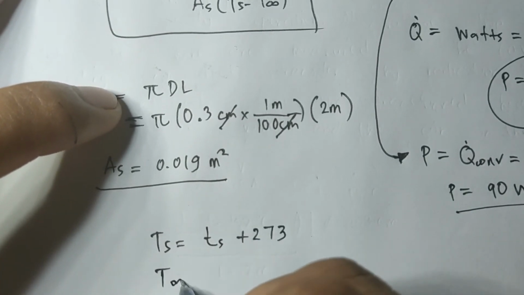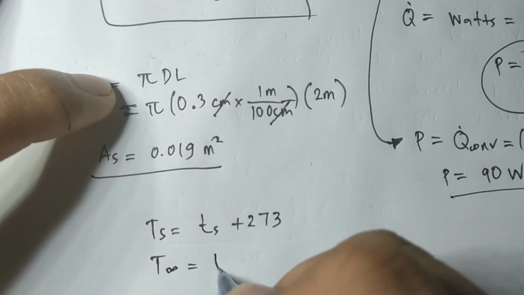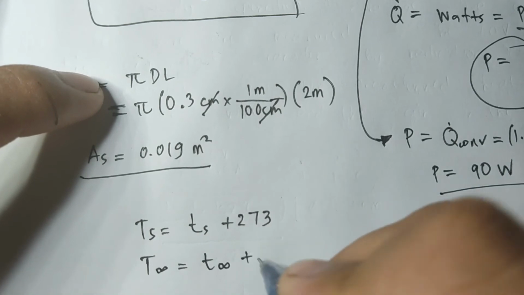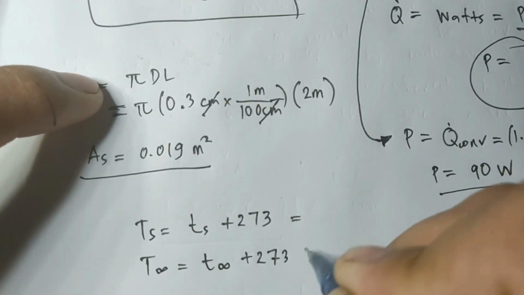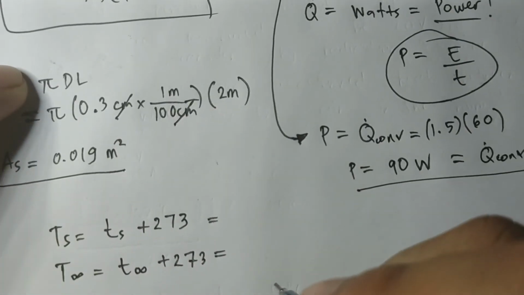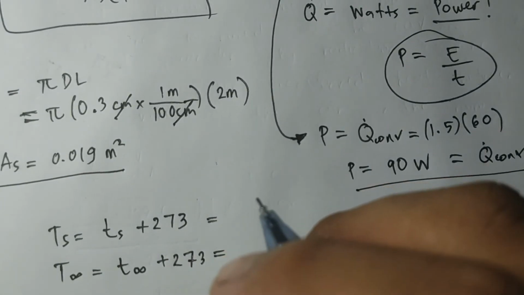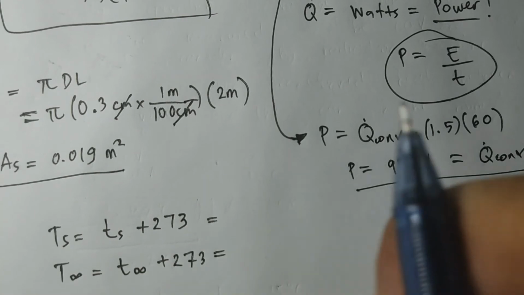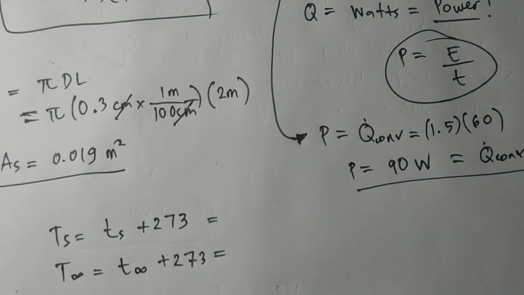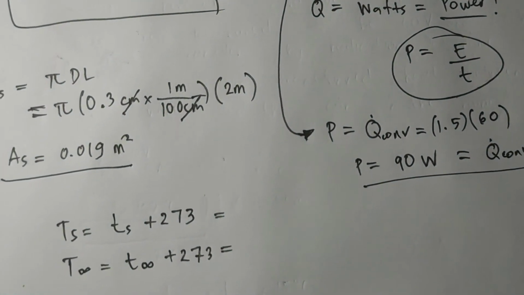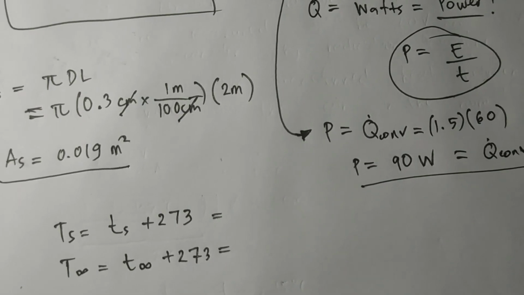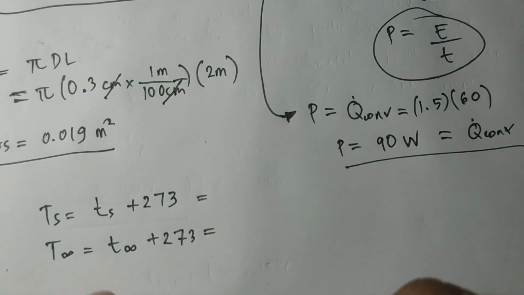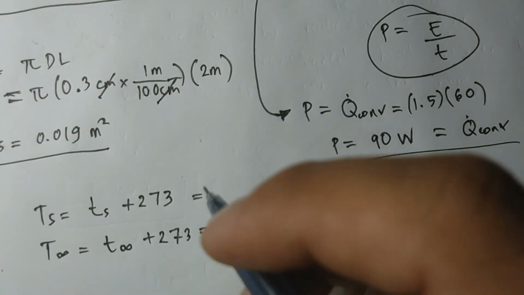Tapos, T infinity equal sa T ng air plus 273. So, mahalaga na isa-isahin na natin yung given upang mas madaling mag-cancel out ng units. Dapat mabilis ka rin mag-solve and at the same time accurate.